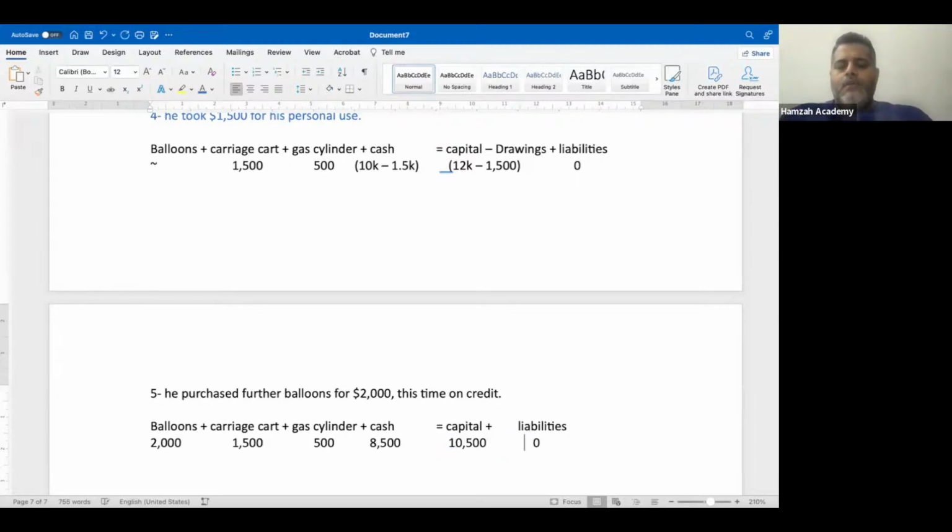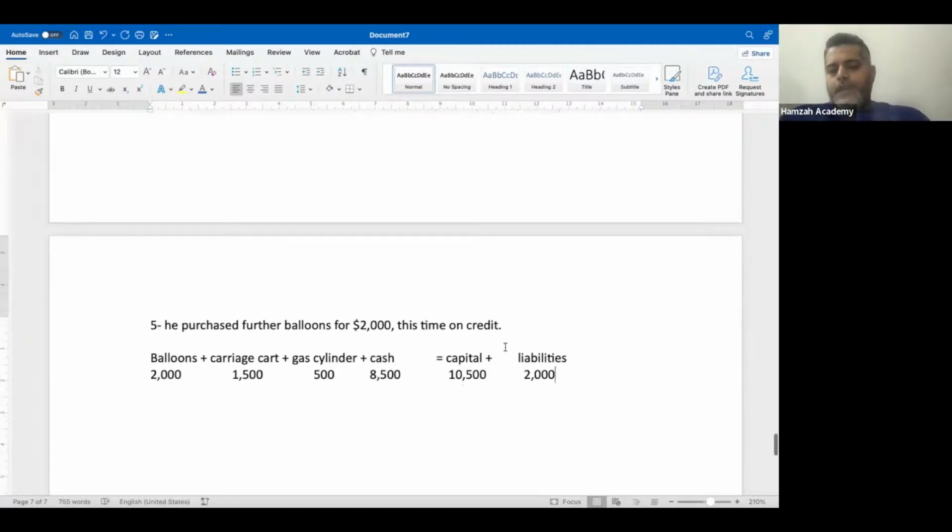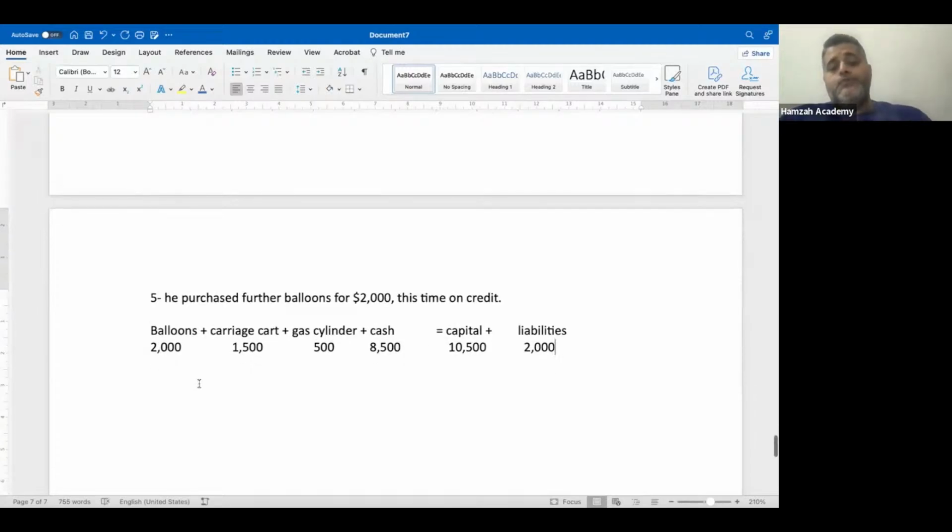And now, because we got the balloons on credit, we are going to have a liability of 2,000 over here. So 10,500 plus 2,000 for the liabilities, because we got on the credit. So 10,500 plus 2,000 is going to be 12,500. That is equal to 8.5, 9, 10 and a half, 12 and a half. So 12 and a half is equal to 12 and a half over here.